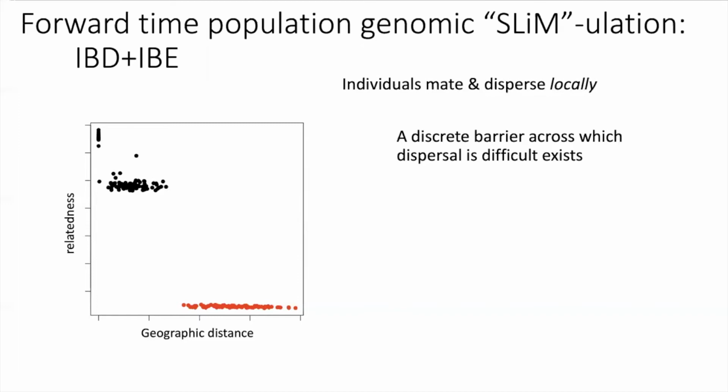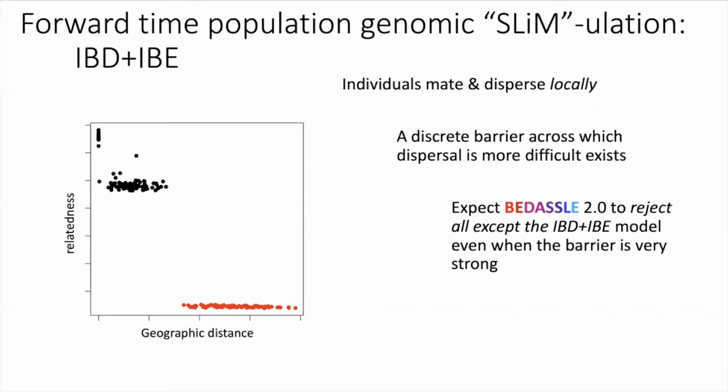You see it's a very strong pattern in relatedness. However, there was that local mating and dispersal built into the simulation. So even though its effect is really subtle relative to that of the barrier, we expect and hope that BEDASSLE will be able to reject all models except for the full model.